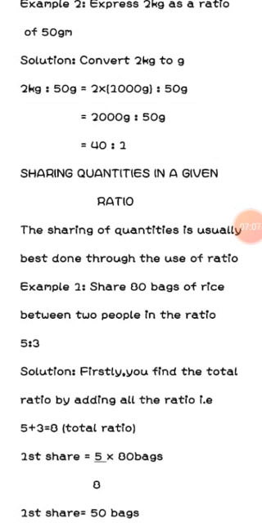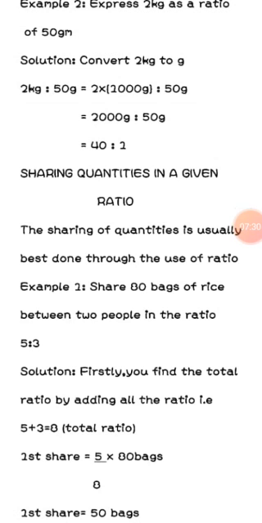As you can see it, 2 times 1000 gram, ratio to 50 gram. Now 2 times 1000 will give me 2000 gram. I have converted my 2 kilogram to gram, which gave me 2000 gram. Now, why am I writing 2000 gram first?